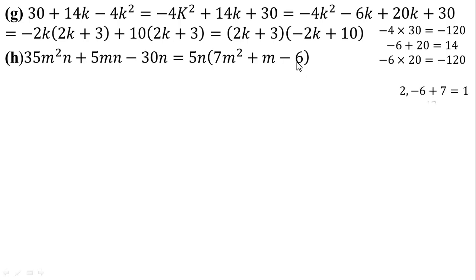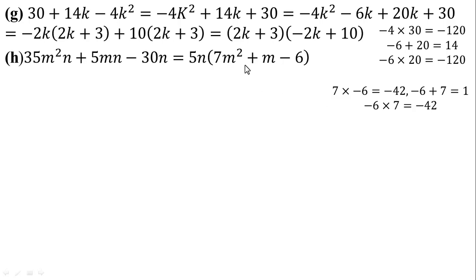Now we can do mid-term breaking of 1 into 2 parts. Multiply answer is 7 6s or 42 and addition answer is 1. Taking the two parts, 7 multiplied by 6 is equal to 42, minus 6 plus 7 answer is 1.